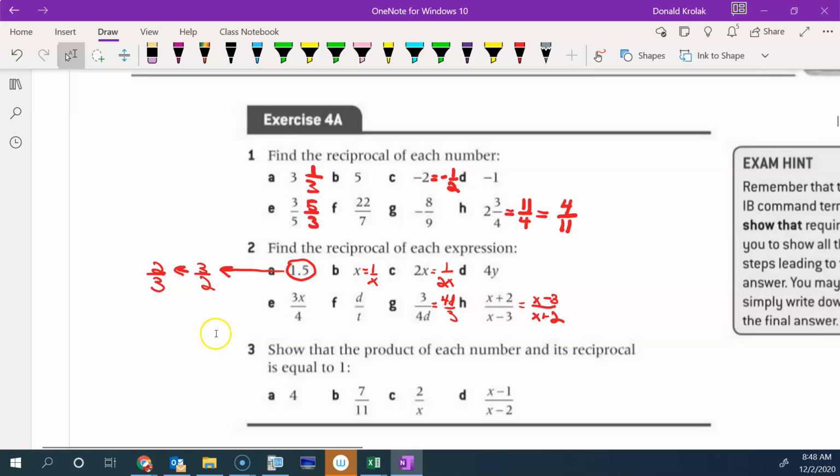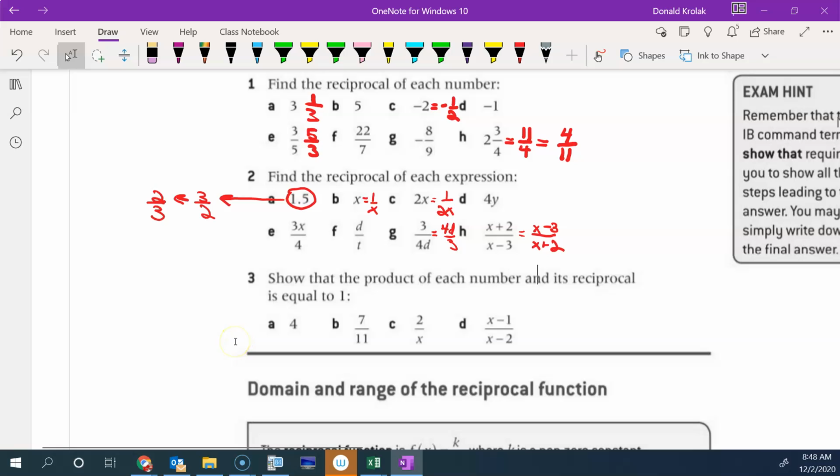Okay, now when you take a number and you multiply it by its reciprocal, all right, you should always get 1. So for example, if I took 4 and I multiply by its reciprocal 1/4, I get 1.